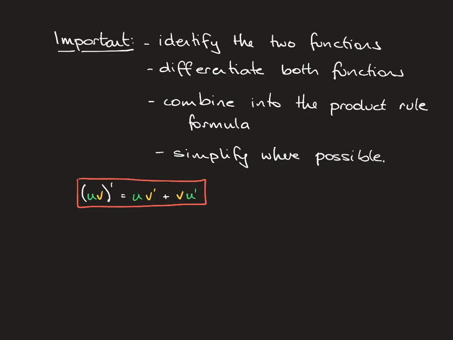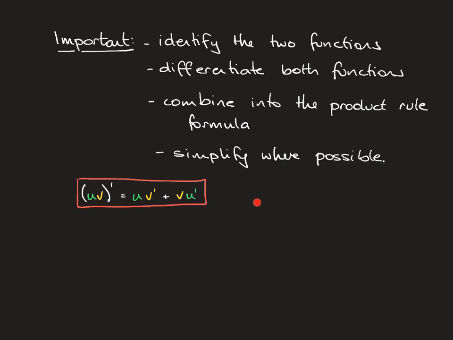where possible. Now, some of you might have seen this version of the product rule, which is what they call the dashed version of the product rule. And so this is a simplified version of the product rule instead of actually having the formal thing written in function notation. They've got rid of the x on all of these and they've ended up like this.